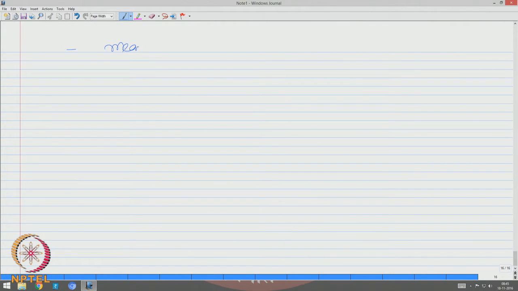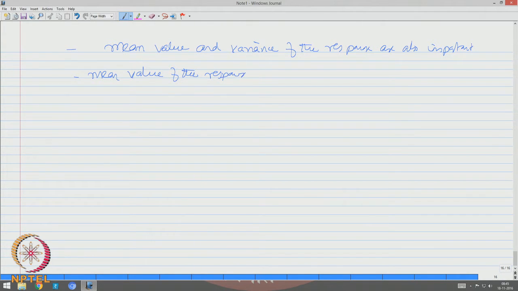Statistically, mean value and variance of the response are also important. Therefore, the mean value of the response is given by m x, which is h f x 0 of m f.